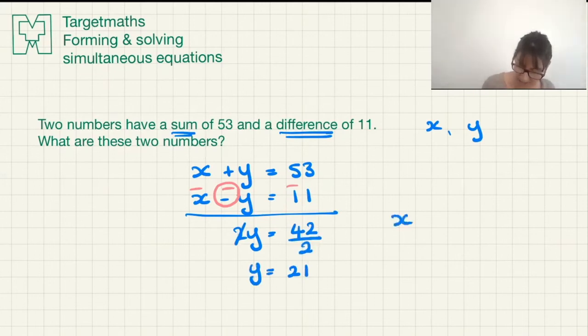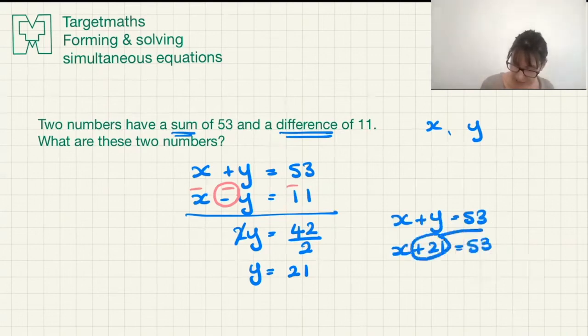So x plus y is equal to 53, which means x plus 21 is equal to 53. Take off the 21 and x is equal to 32. So I'm saying that x is 32 and y is 21. Now, it makes sense to not stop there.